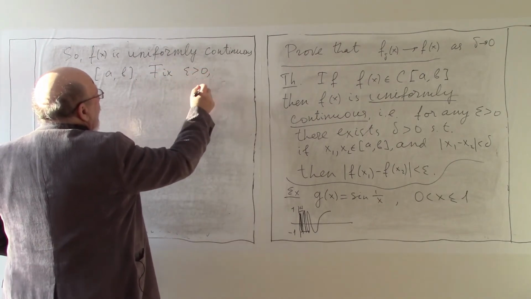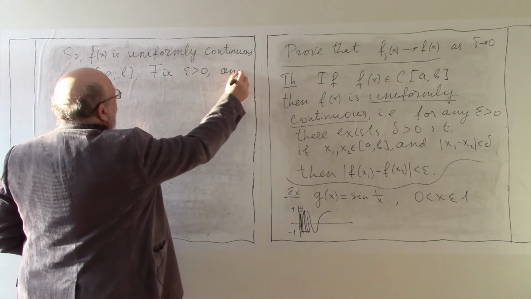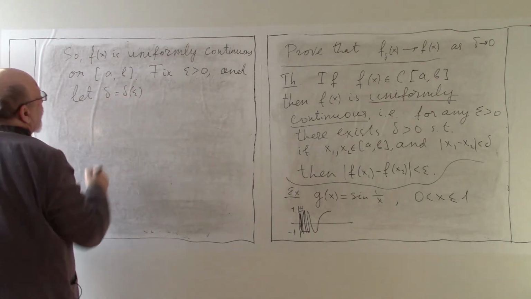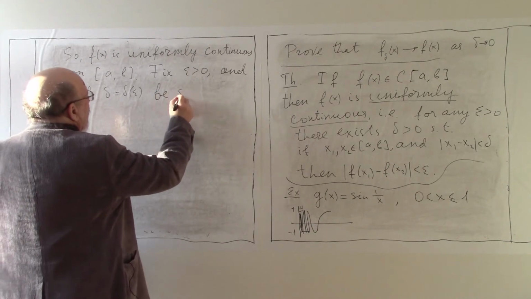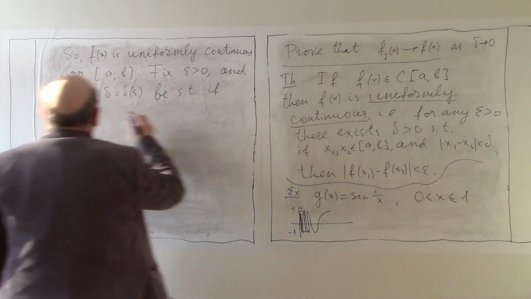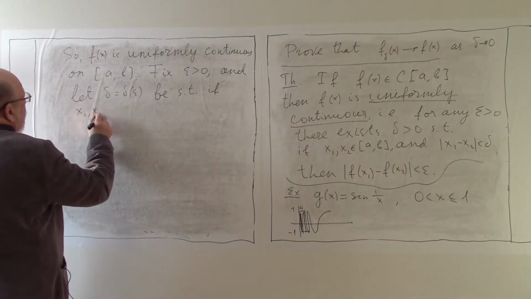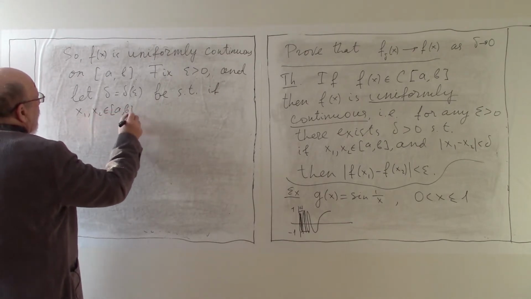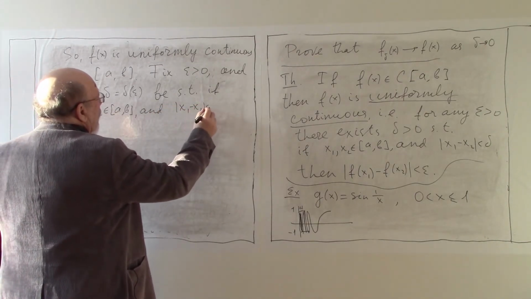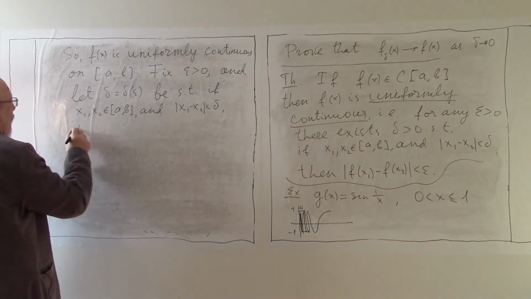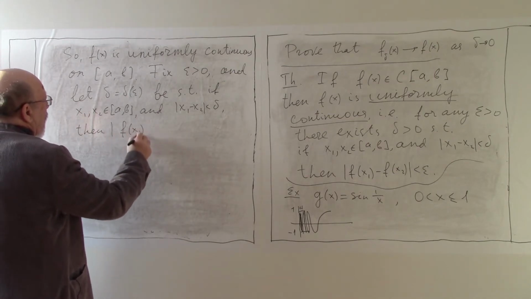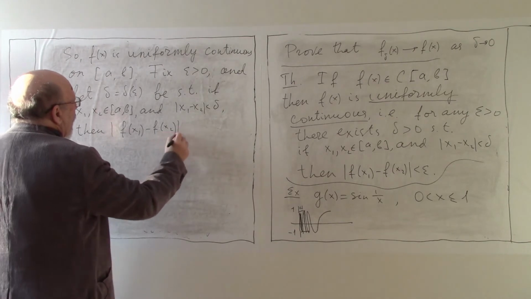Now fix epsilon and let delta, depending on this epsilon, be such that in this definition, if x1 and x2 in AB and modulus of x1 minus x2 is less than delta, then modulus of f(x1) minus f(x2) is less than epsilon.